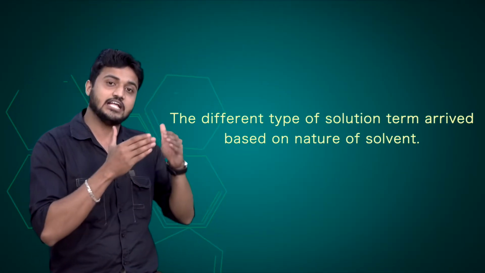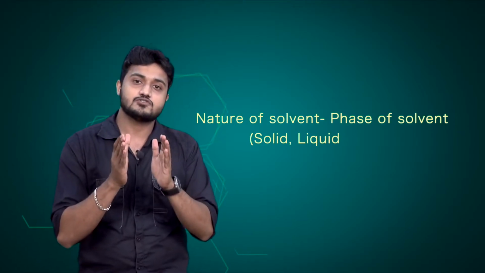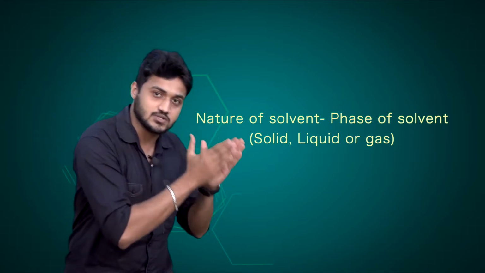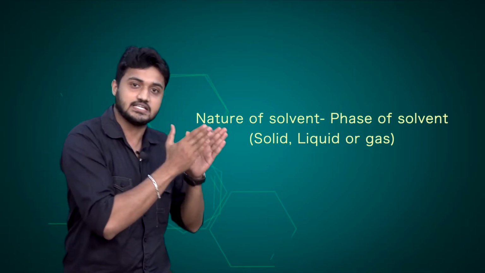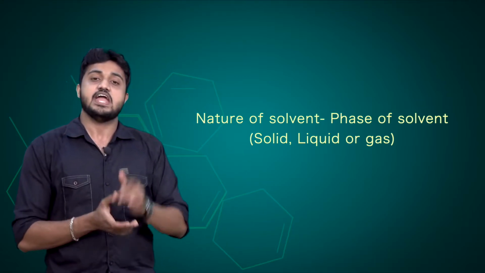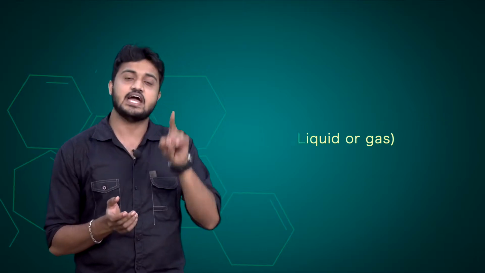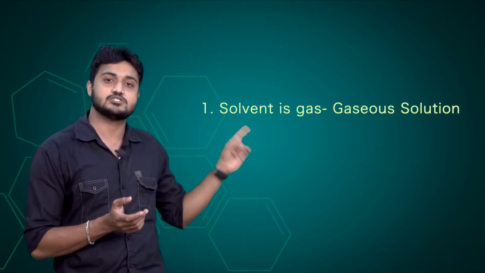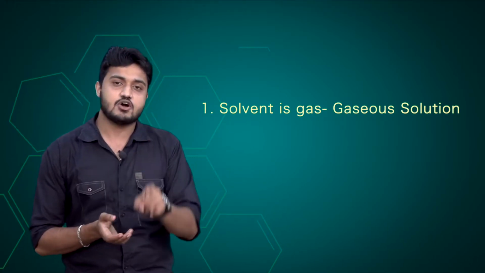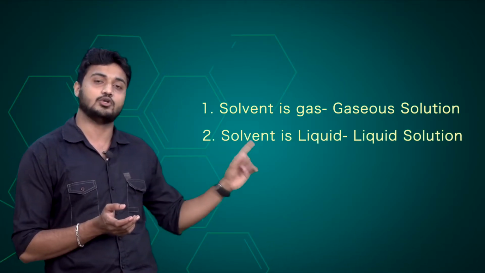What do we mean by the nature of solvent? Nature of solvent means whether it exists in solid state, gaseous state, or liquid state. If the solvent exists in gaseous state, it is called a gaseous solution. If the solvent exists in liquid state, it is called a liquid solution.